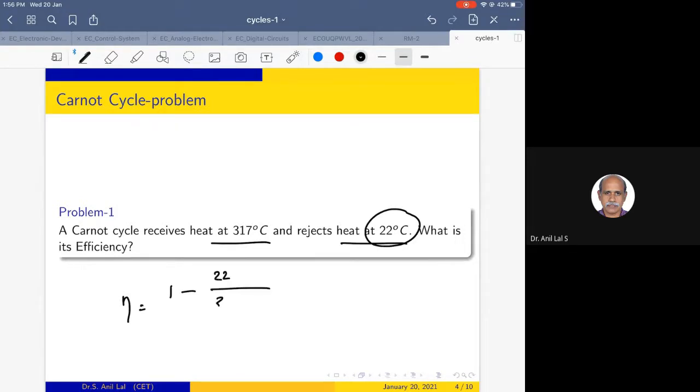If I write it like that, it is wrong. You have to convert into degree Kelvin, so add 273. This value gives the efficiency of this particular Carnot cycle.